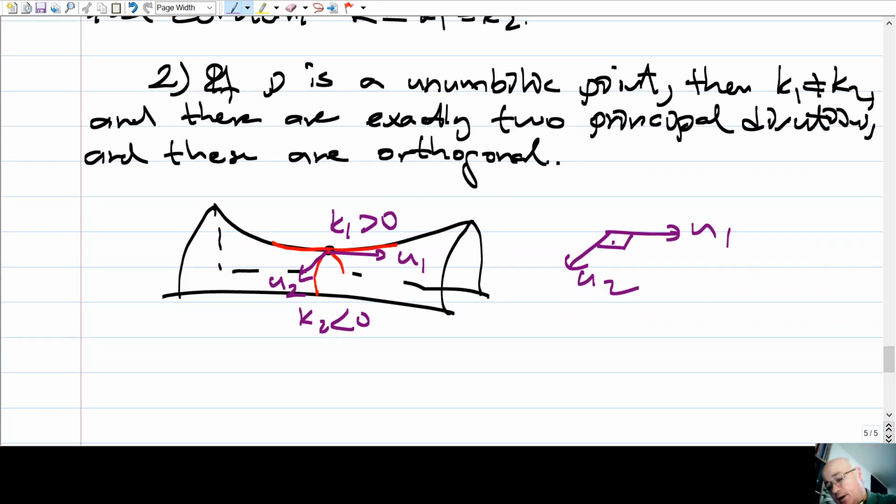Note that this is a non-trivial observation. And furthermore, the theorem claims the following.